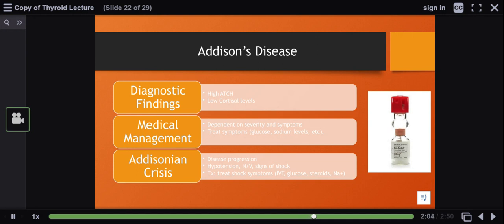Medical management of somebody with Addison's crisis requires immediate intervention. The primary focus would be to restore fluid volume and blood circulation by administering IV fluids, and we would also be administering corticosteroids.